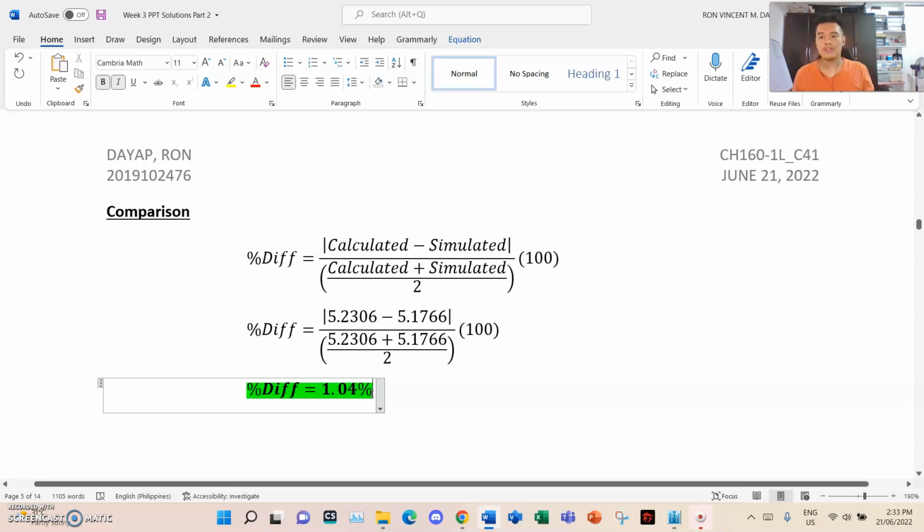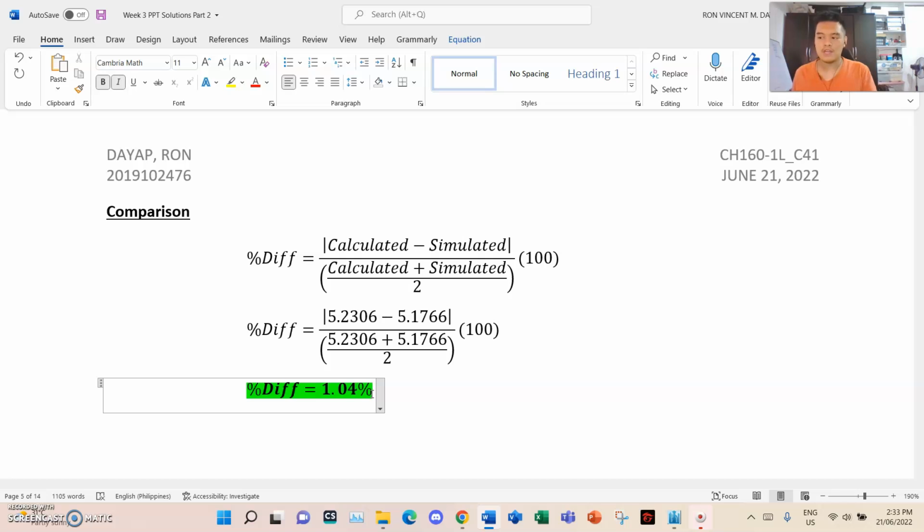This means that what we calculated and what the simulator gave are very close in value, which concludes that our hand calculation and the simulation are logical and correct.